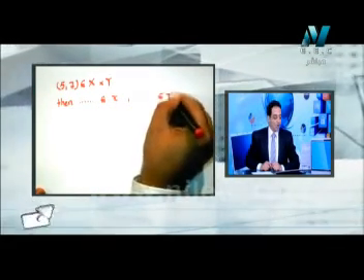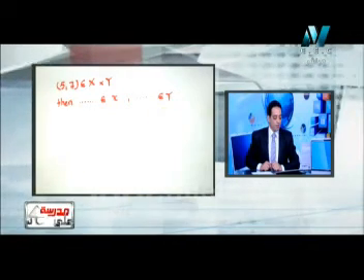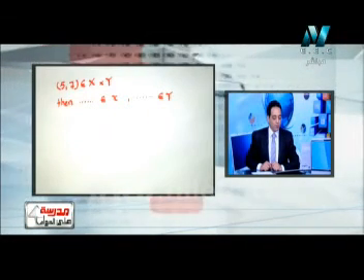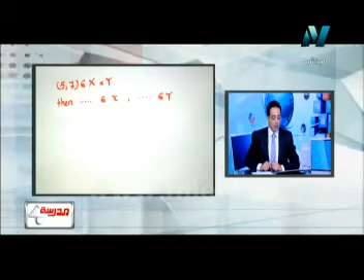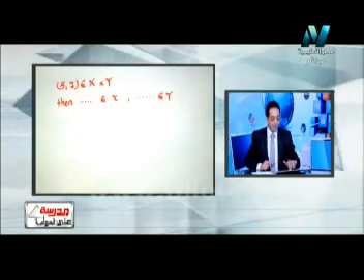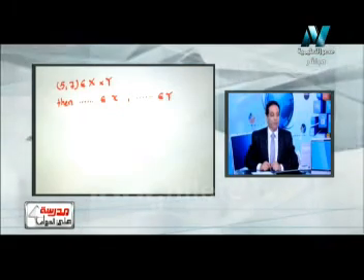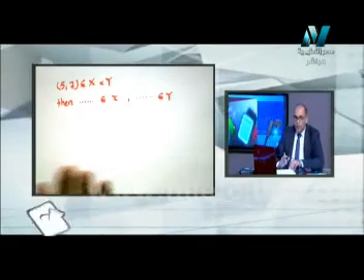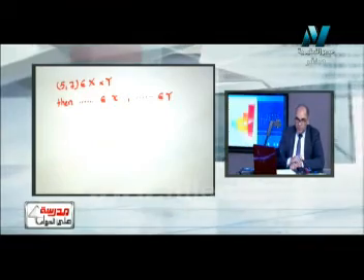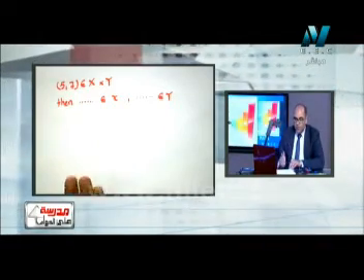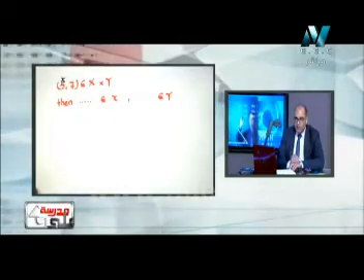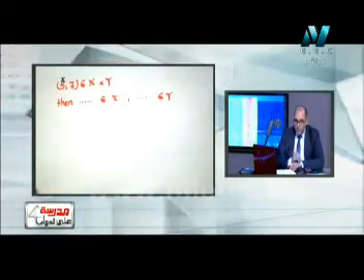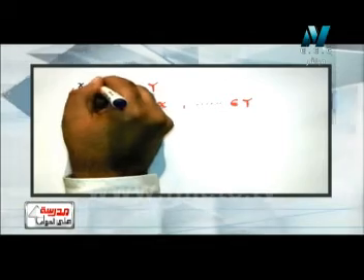I'll say it once again: if (5, 7) belongs to x product y, then 5 belongs to x, and 7 belongs to y. Perfect. Here, the ordered pair has 2 numbers. The first number always represents x, so put here x, and the second number represents y. So we can put here y.